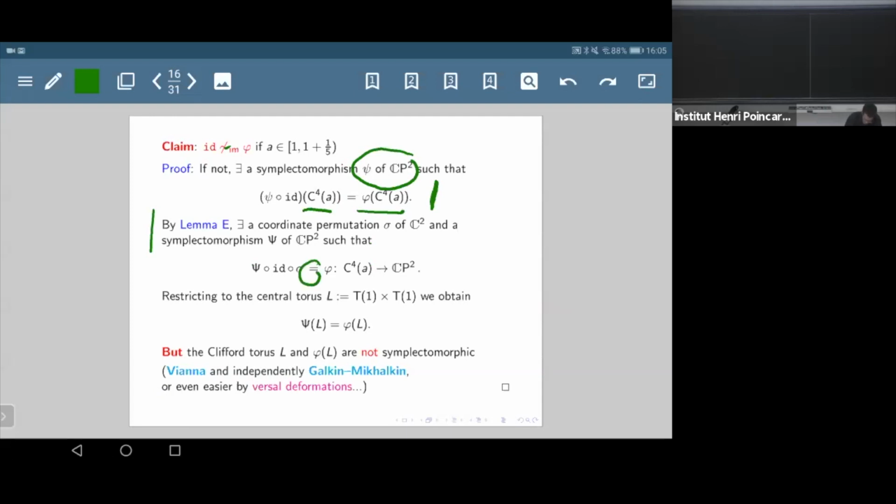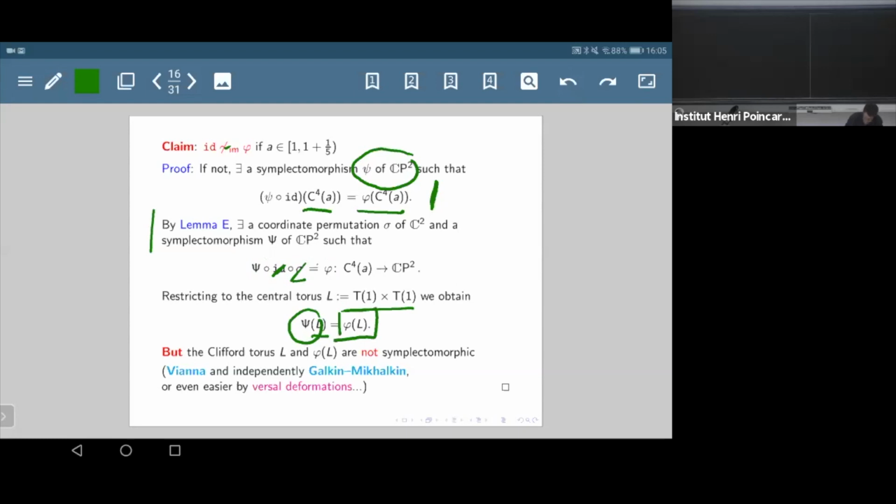Namely, after precomposition with sigma, this identity can be corrected by an ambient symplectomorphism to this strange embedding of the cube, right? But now I restrict all this to the central torus. So you see, sigma actually fixes the central torus. So I can forget about it. Identity 2. So after that, I found that the usual Clifford torus is symplectically identified with this strange torus.